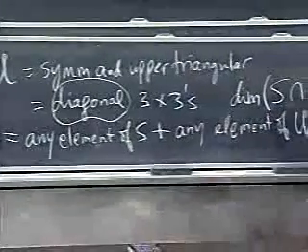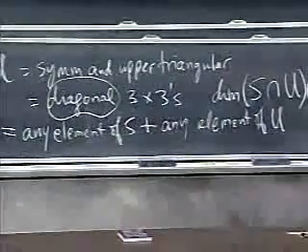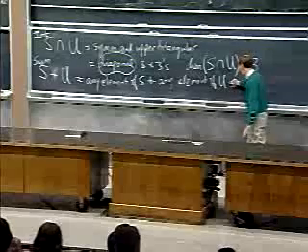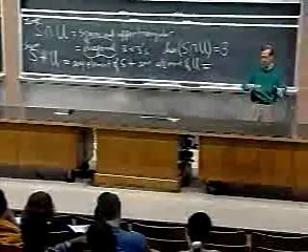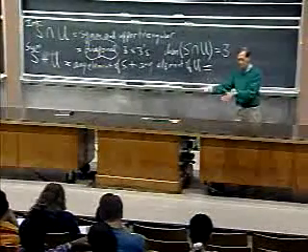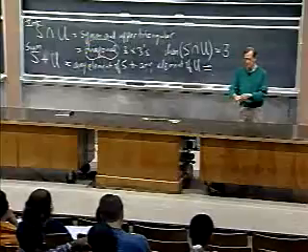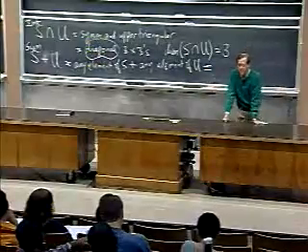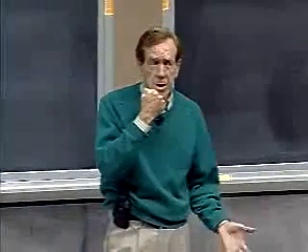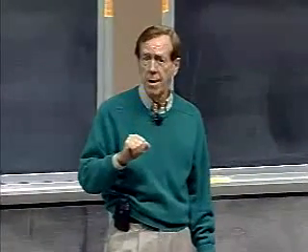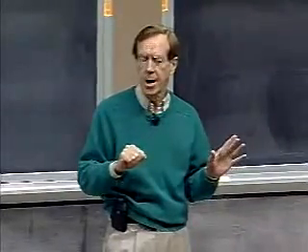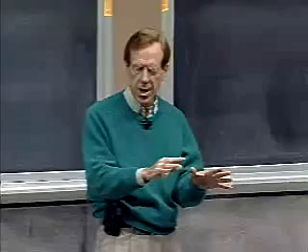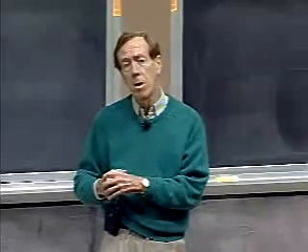Now, as long as we've got an example here, tell me what we get. If I take all symmetric matrices and add them to all upper triangular matrices, then I've got a whole lot of matrices, and it is a subspace. It's a vector space, and what vector space would I then have? What matrices can I get out of a symmetric plus an upper triangular?